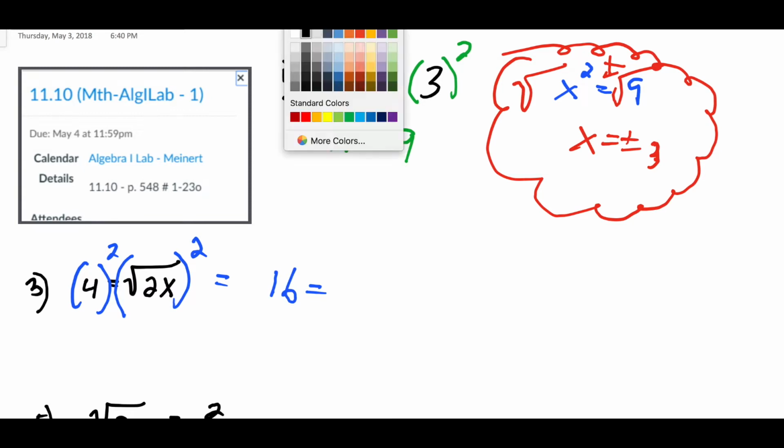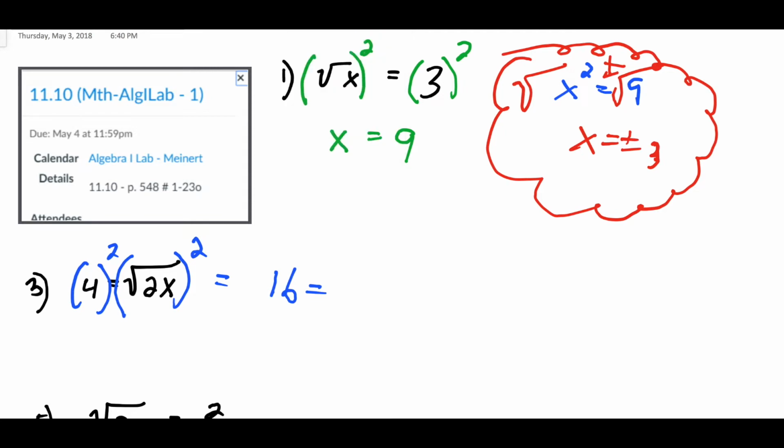You could do all this work and get to the same thing, or you can know that that square goes away when you power up. It's just 2x. So 16 equals 2x, divide by 2 over 2, x equals 8. Boom.